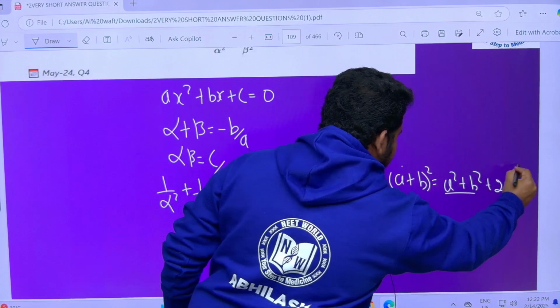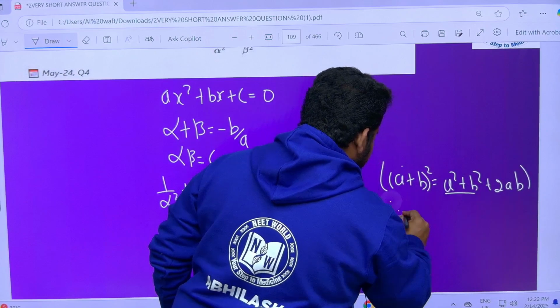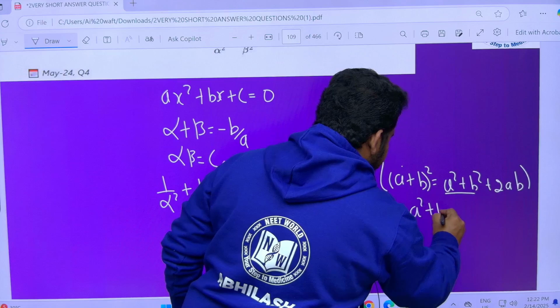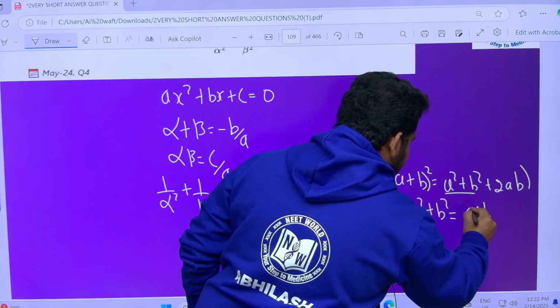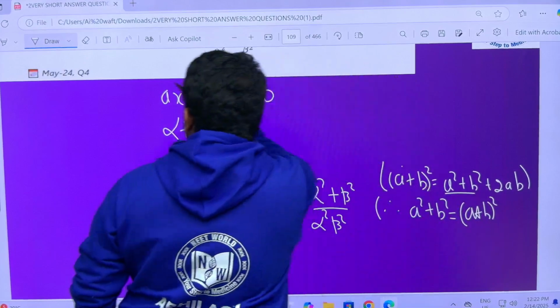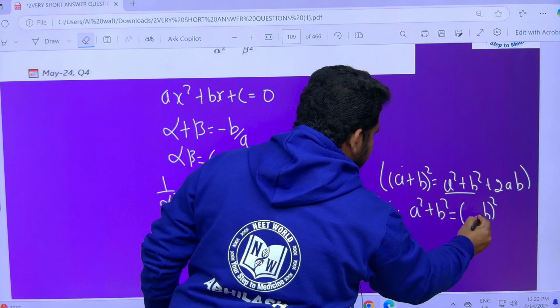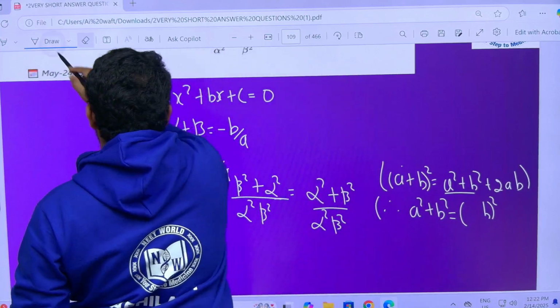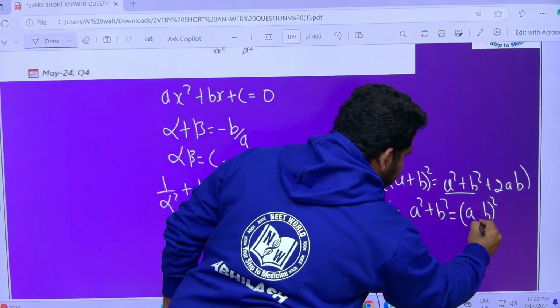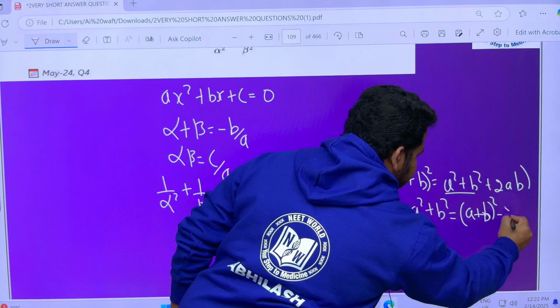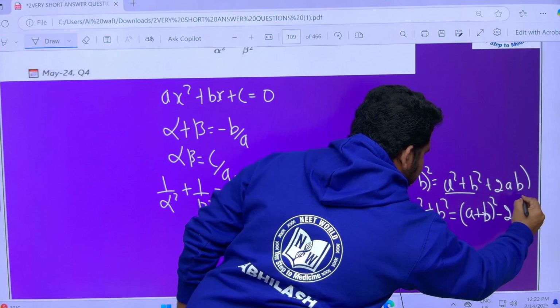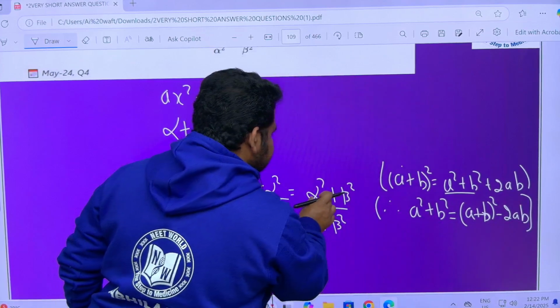Therefore, a square plus b square can be written as (a plus b) whole square, and if I bring 2ab this side, it will become minus 2ab. Got it?